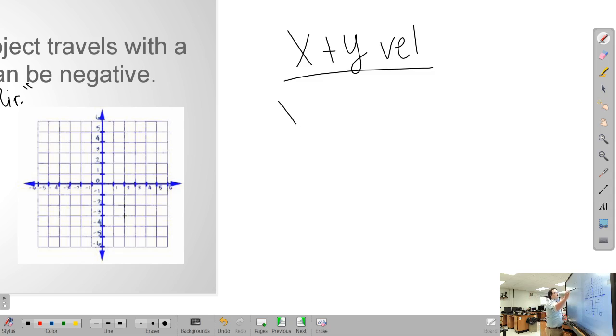How do we denote them? If it's horizontal, we note it as V sub X. This is your horizontal velocity, and it's not affected by something else that is affecting the y velocity.